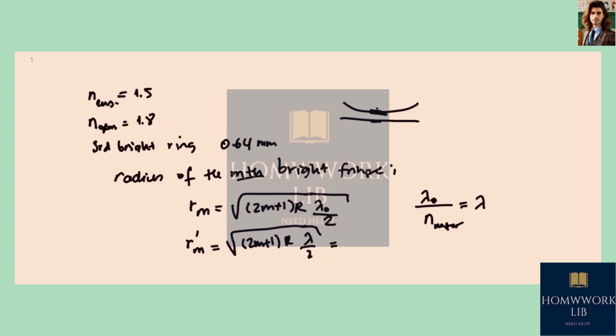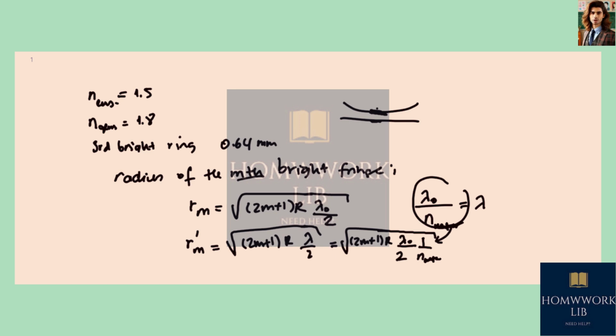Now, plugging this into the equation, we're going to have (2m plus 1) R lambda naught over 2, and then I have 1 over n water, all within the square root.